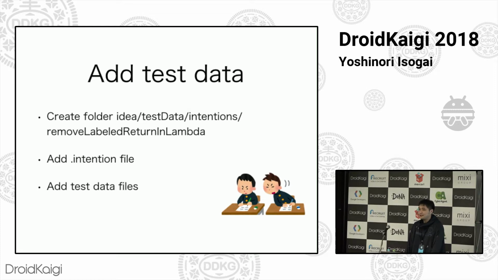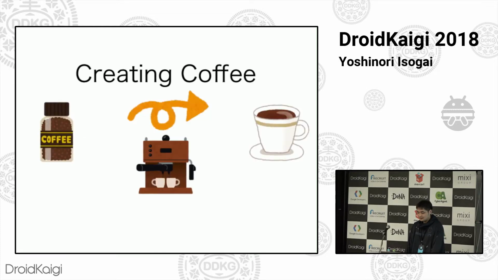And then create testData. You may notice that I keep saying creating testData, not test case. This is because it's similar to making a coffee. If you prepare coffee beans and hit the start button, the coffee machine automatically generates coffee, right?